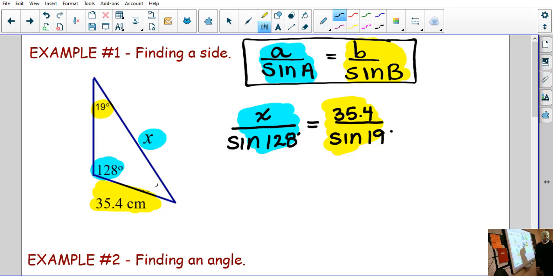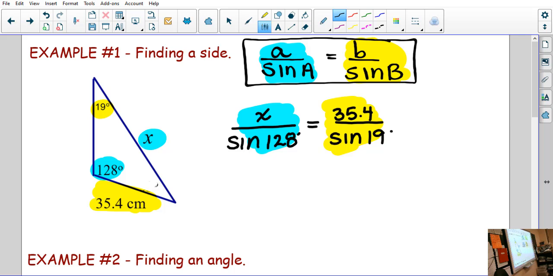Now technically, sine of 19 degrees doesn't have units, so once I move everything around, especially if you're doing physics right now, the only unit left would be centimeters, and that's what we're looking for.